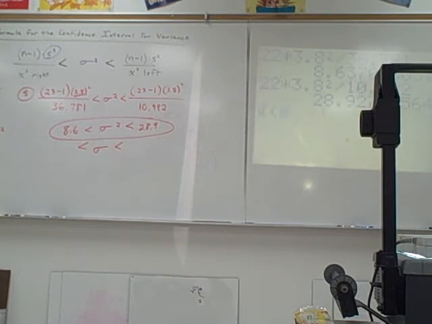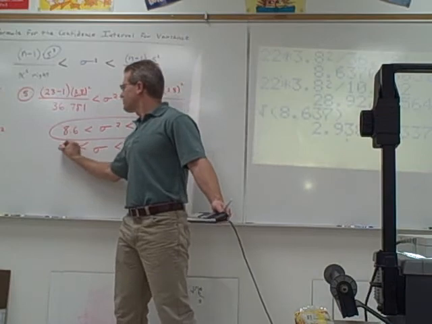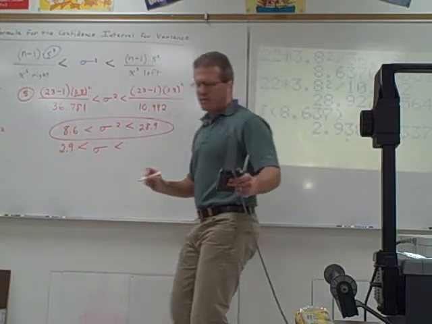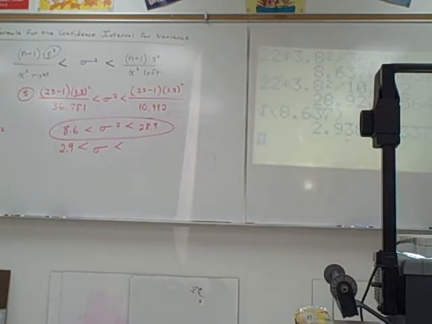Otherwise you might be off a little bit. That comes out to 2.93, so you can round it to 2.9. And then the square root of 28.927 is 5.4.